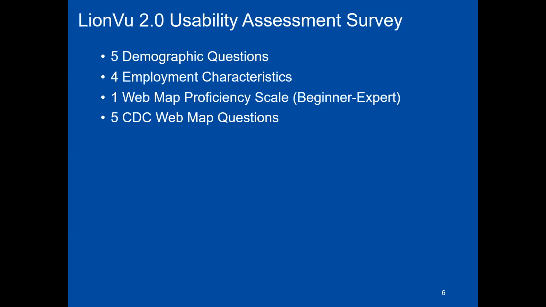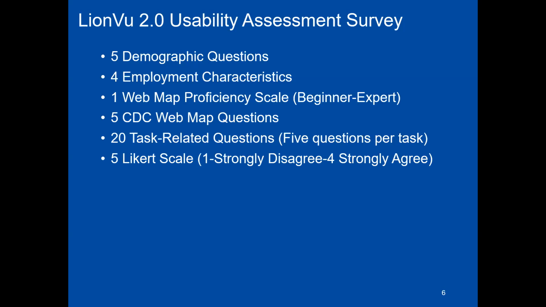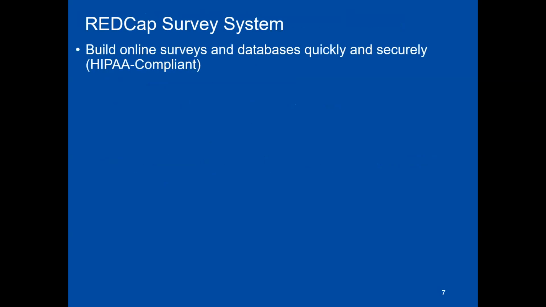I also asked 3 CDC web map questions in which I asked the audience how to use a pre-existing web map. I had 10 to 20 task-related questions, 5 questions per task, 5 Likert scale, and 10 open-ended general feedback questions.